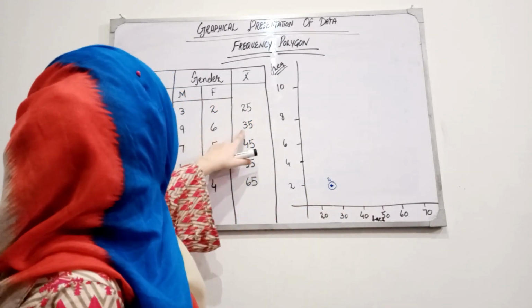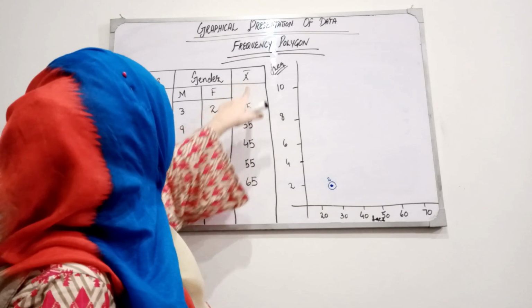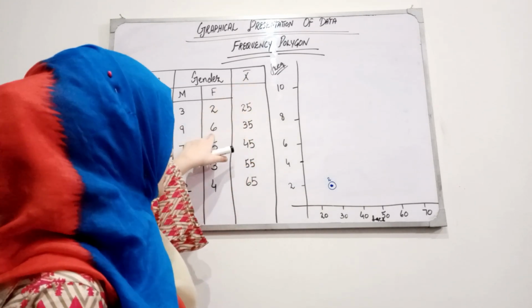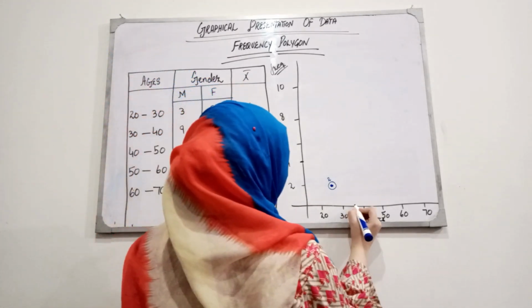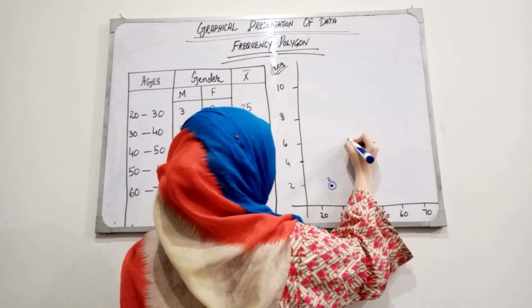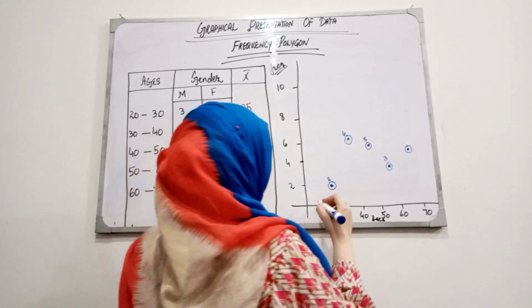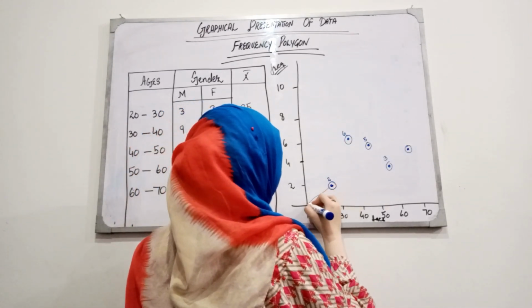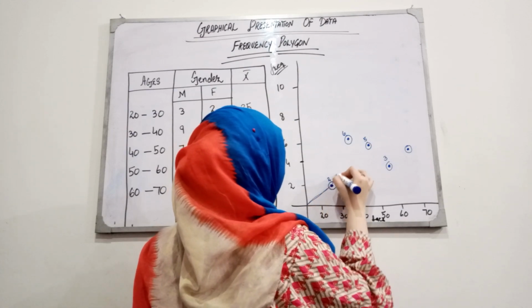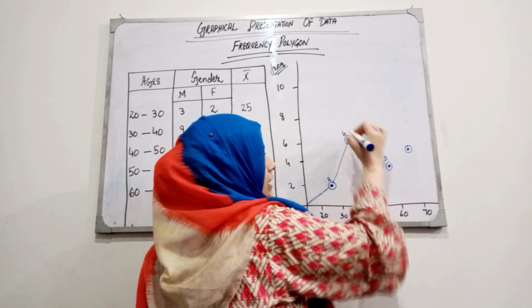Then 35 is the midpoint of the second class, which has frequency 6. So 35, 6. Now let's connect these points with the help of a regular line.